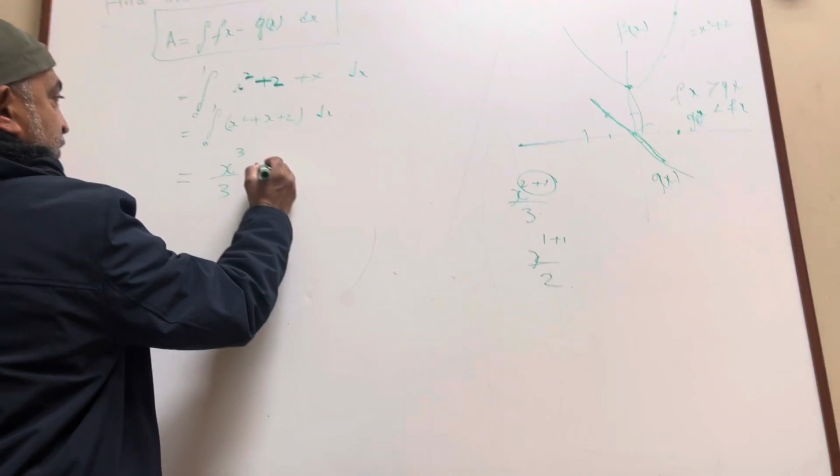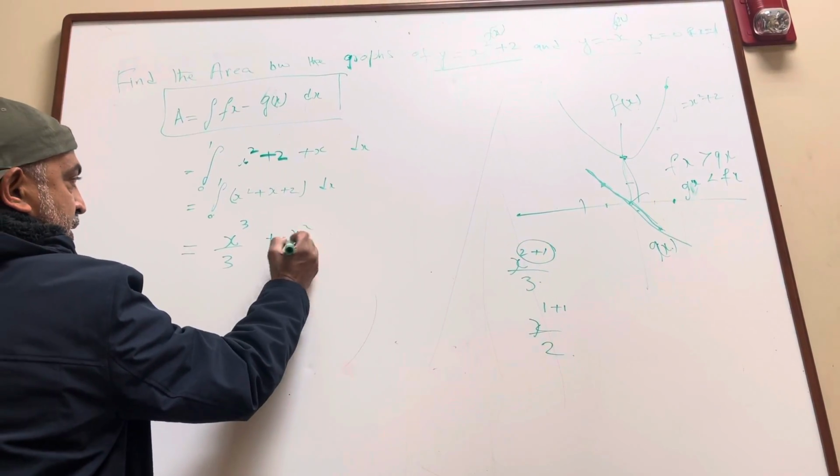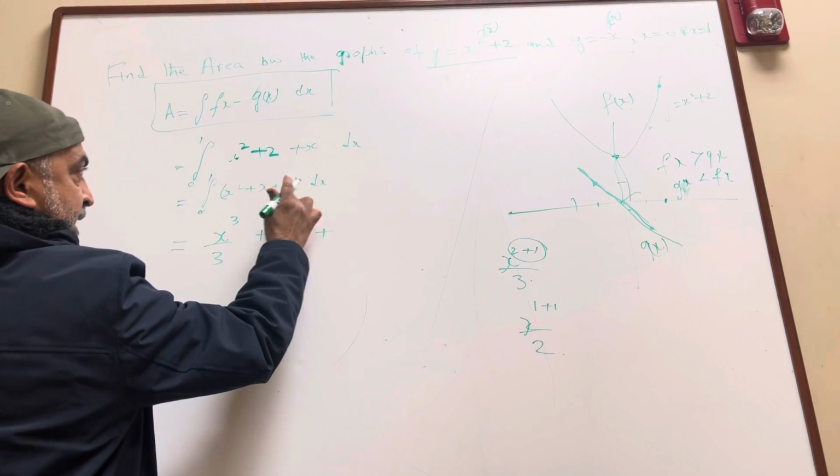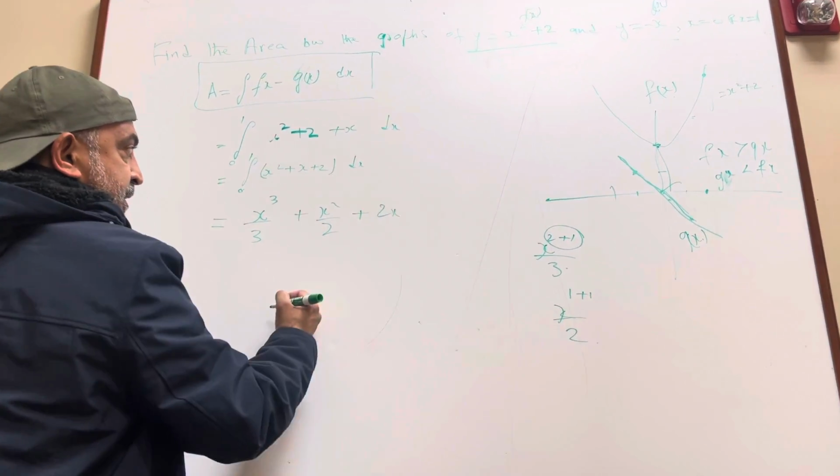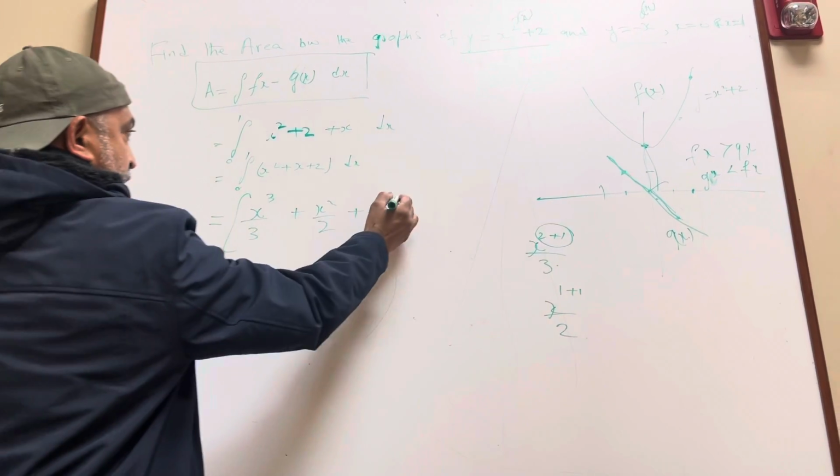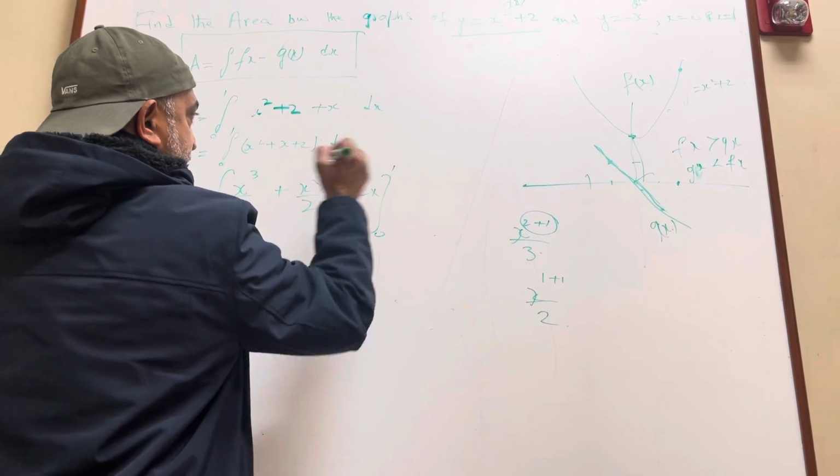So x cubed upon 3 plus x squared upon 2, and then the integral of 2 will be 2x. The lower bound is 0 and the upper bound is 1.